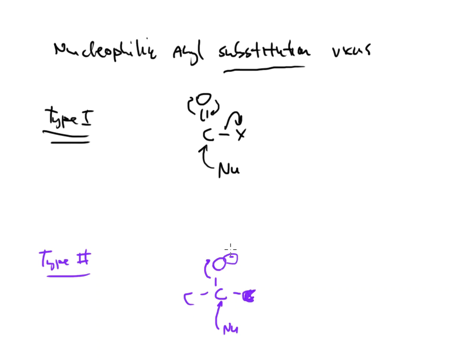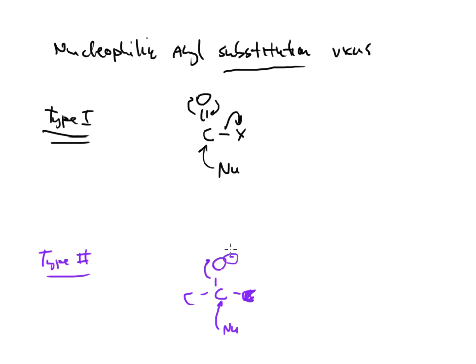Type 1 carbonyls undergo substitution. A group comes in and replaces a group that is already there. In type 2, that narrative changes. In the type 2 reactions, the nucleophile comes in, attacks, attaches, and nothing gets replaced.